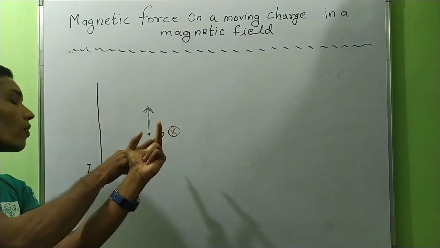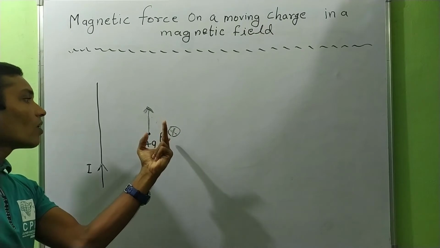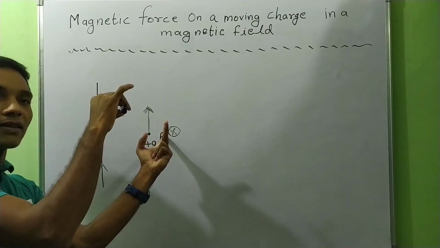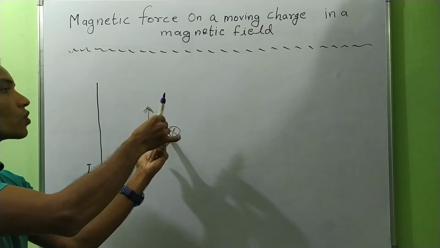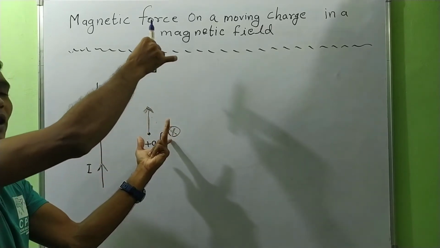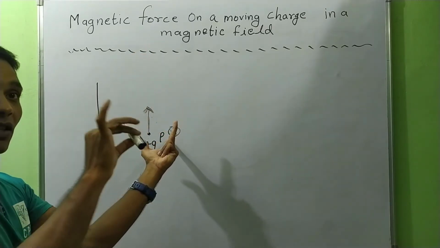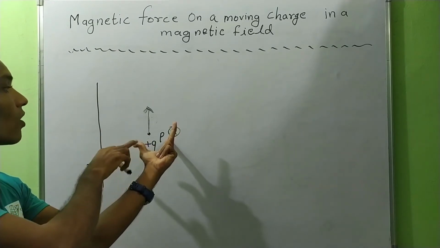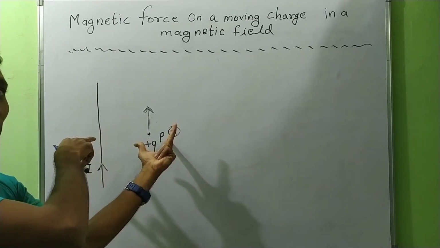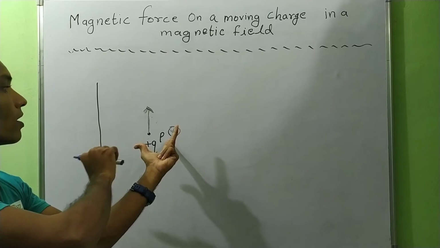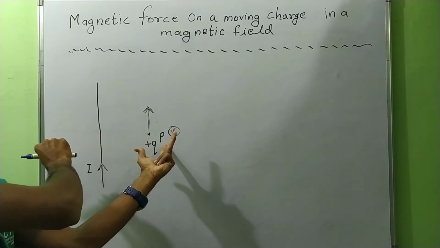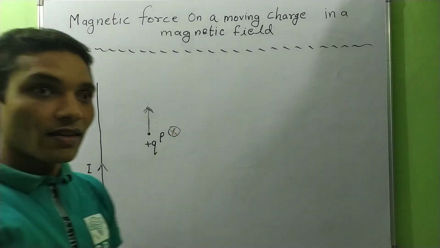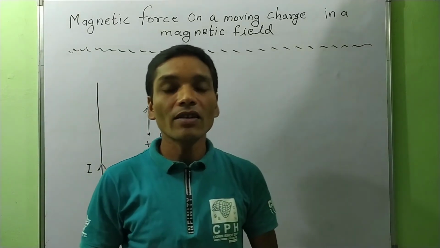Here the forefinger shows the direction of magnetic field, inward. The middle finger shows the direction of motion of the charged particle in the magnetic field. Then the thumb will show the direction of force acting on the charged particle. So the direction of magnetic force will be along this direction. This is the Fleming's left hand rule.